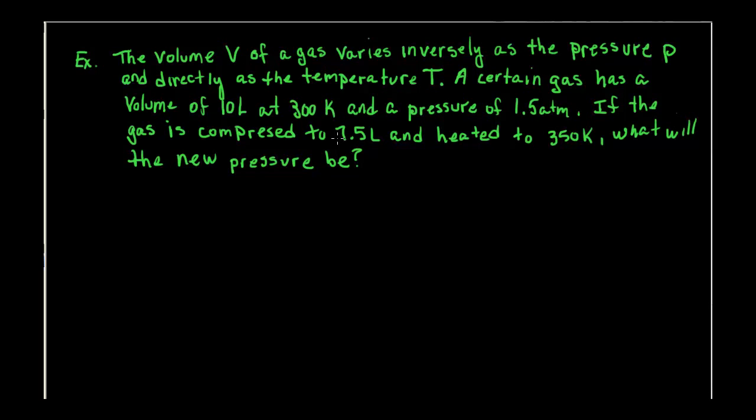The volume V of a gas varies inversely as the pressure P and directly as the temperature T. A certain gas has a volume of 10 liters at 300 degrees Kelvin and a pressure of 1.5 atmospheres. If the gas is compressed to 7.5 liters and heated to 350 degrees Kelvin, what will the new pressure be?